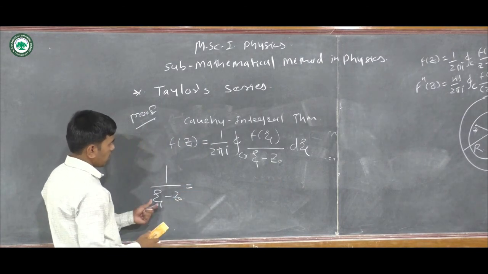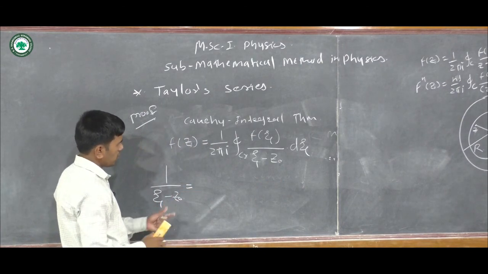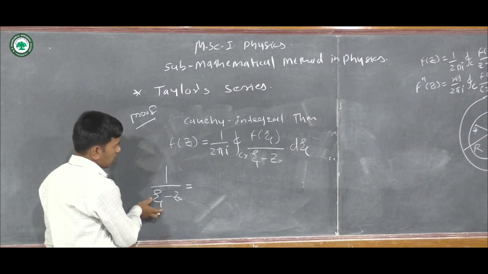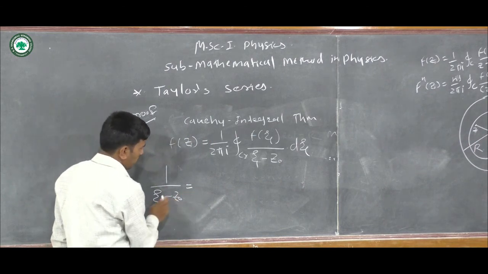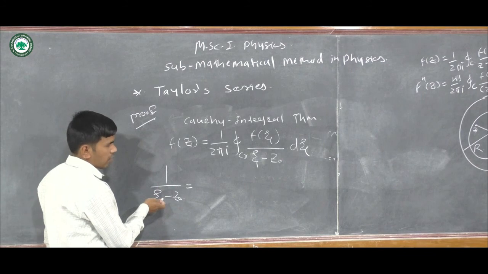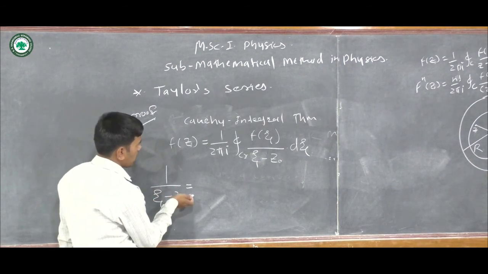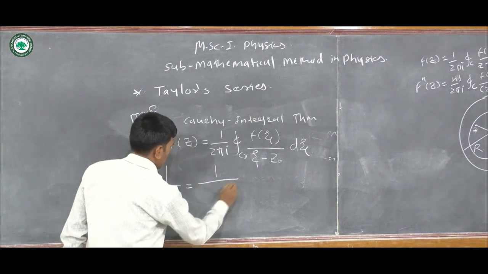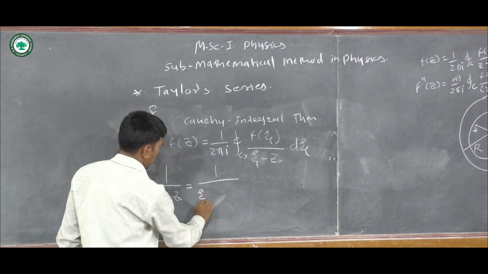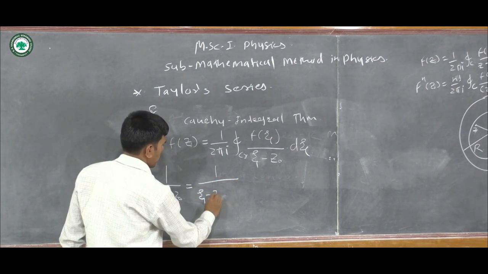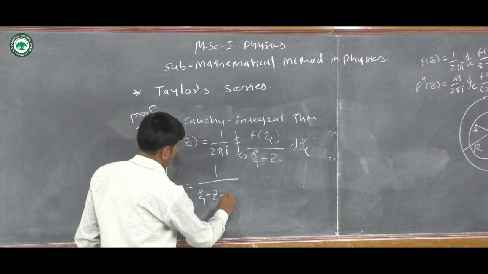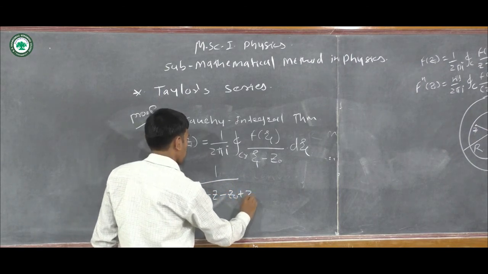Okay, so psi minus z naught I am considering. This expression we can write like this: if we add and subtract one quantity, that is z, it can be 1 by psi minus z minus z naught plus z.